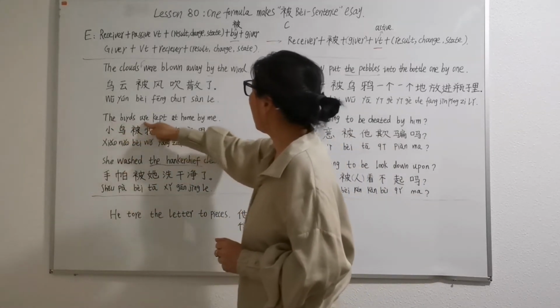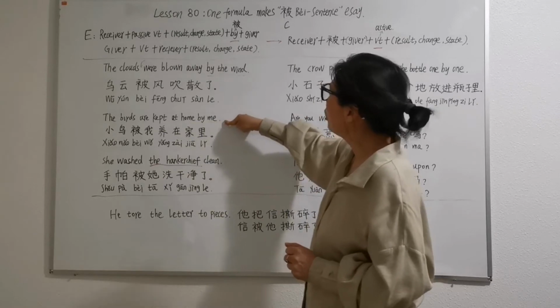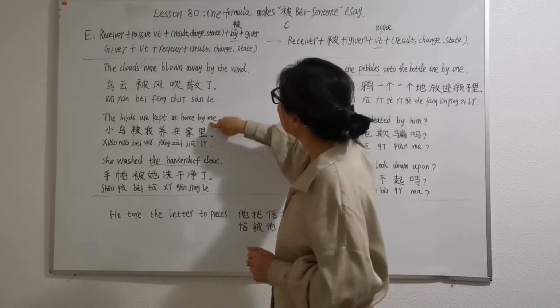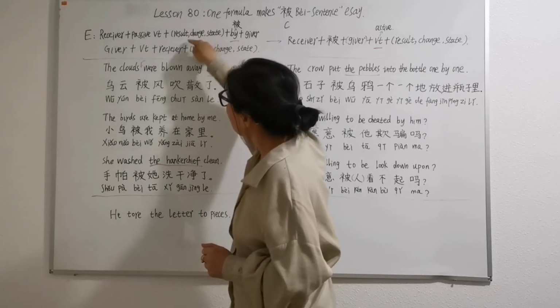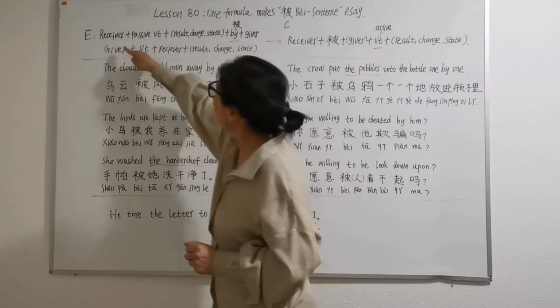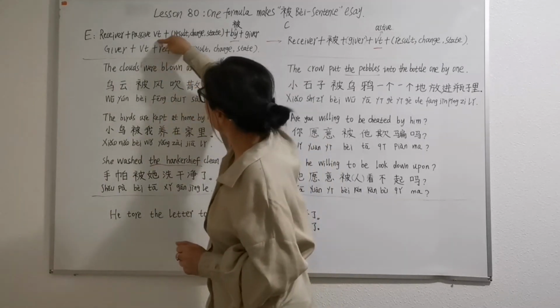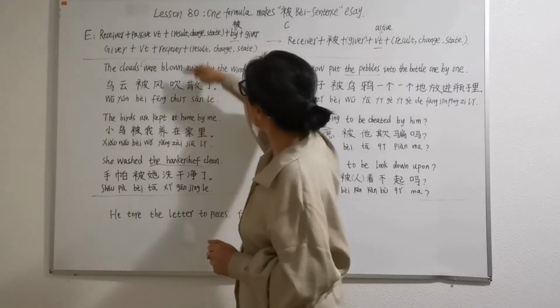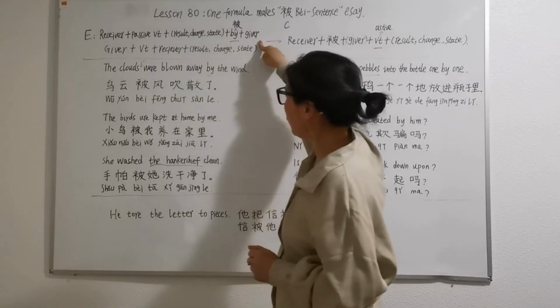The birds are kept at home by me. So this is the passive sentence too. The birds, receiver, are kept, passive transitive verb, at home, result, by me, giver.